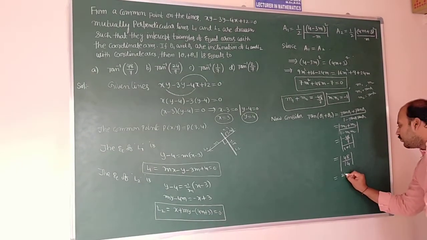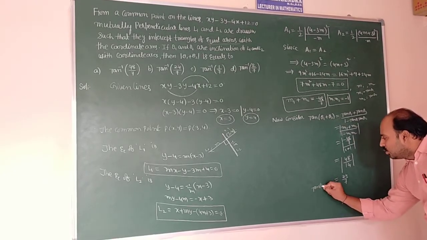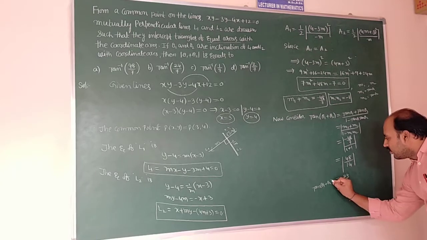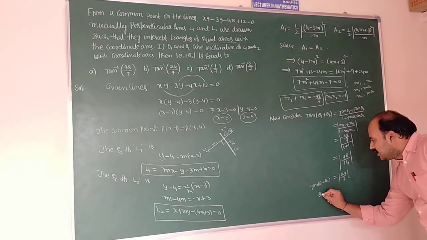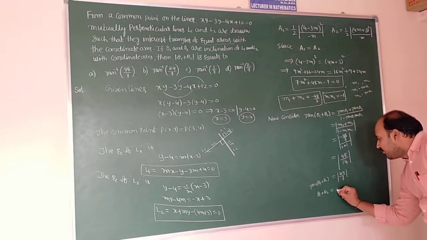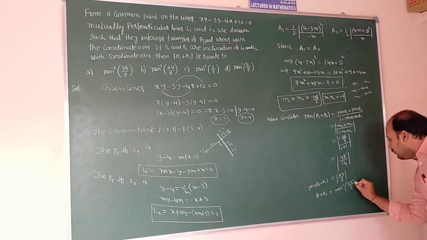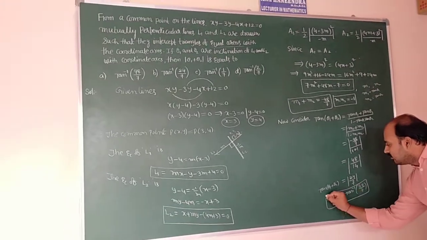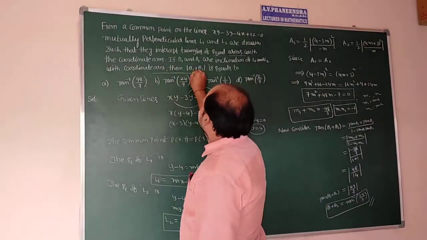It becomes 24 divided by 7. So tan of theta 1 plus theta 2 is equal to 24 by 7. Taking tan to the other side, theta 1 plus theta 2 is equal to tan inverse of 24 by 7, which is there in the second option.